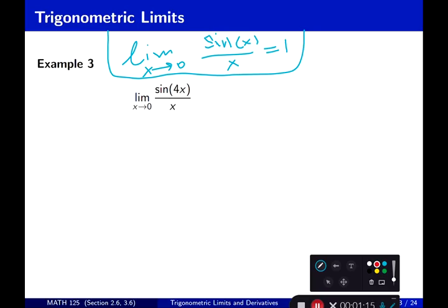And let's face it, we don't always remember our identities, and we make a lot of mistakes doing those type of things. Plus, the identities may get more and more complex when you make the examples more and more complex. So is there another way? Yes, there's a method that works on most of these limits, and we have to learn it.